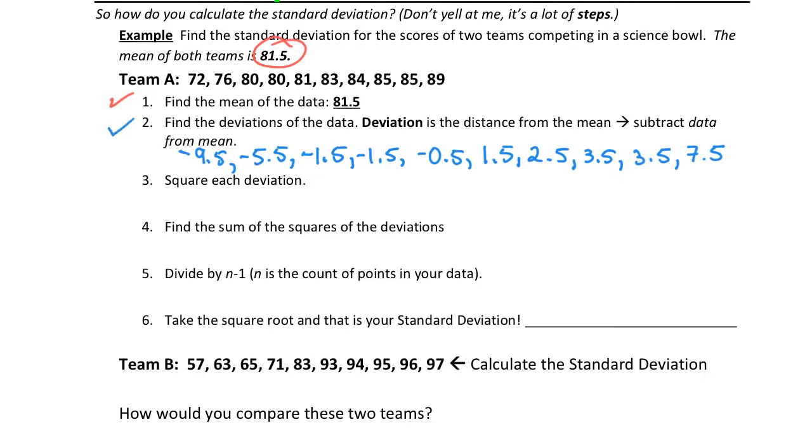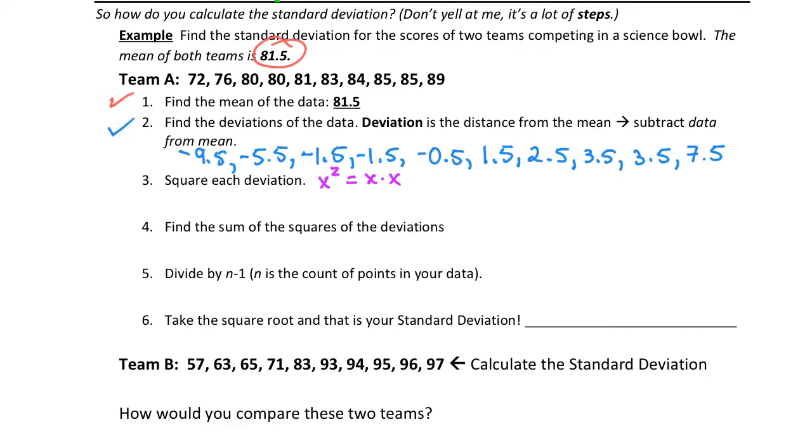Step 3, square each deviation. So squaring, if you recall, just means to multiply a number by itself. Sometimes we say that that's x squared, which just means x times x. You probably have a square function on your calculator, but if you don't, you can just make sure to multiply the number by itself. Be careful with negatives.